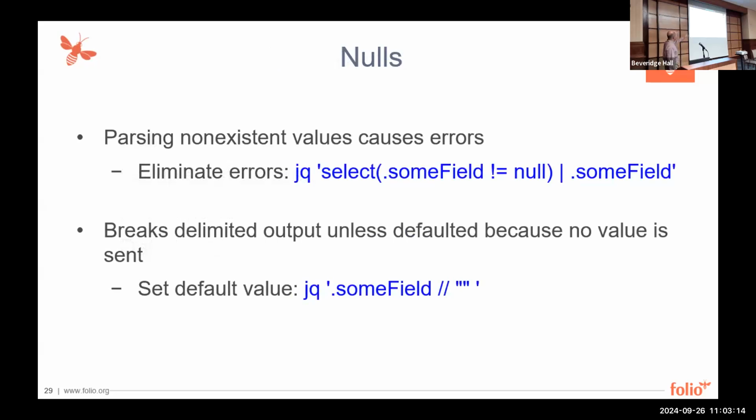Nulls. You saw that in some of the examples. All you have to do to prevent problems with that is select on it, where it does not equal null, and then do the selection, and you'll have no problem. The second thing is actually really important because when you're creating reports, you have to think of what's happening when you're creating, say, a tab delimited report.